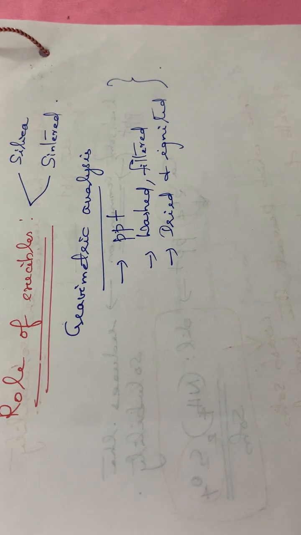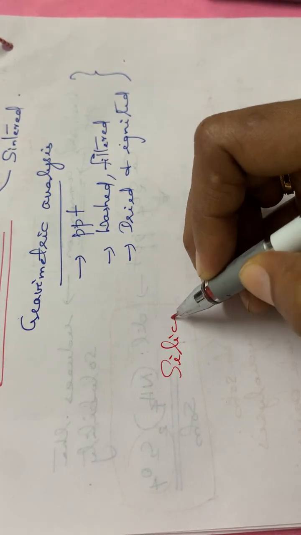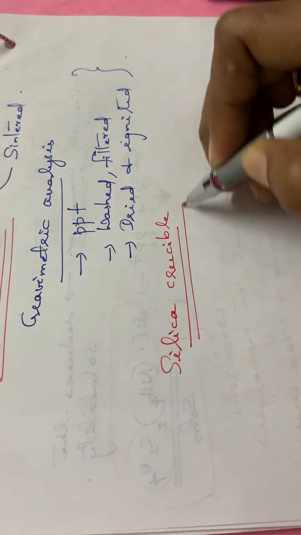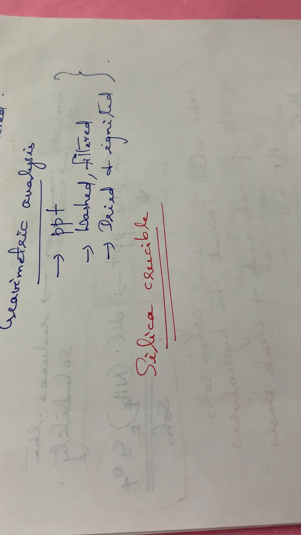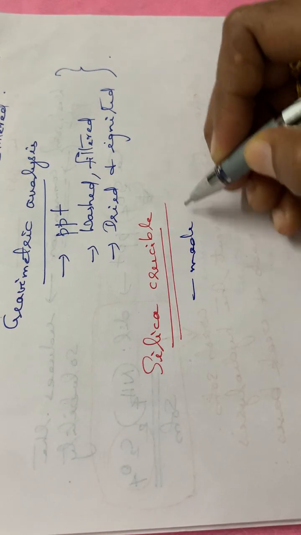Okay, the first case is the crucible made of silica, the silica crucible. See here, in the case of the silica crucible, it is made of silica or porcelain.